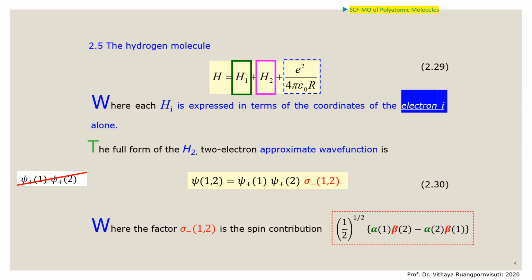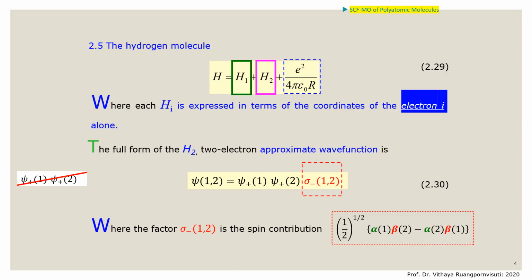Therefore, the wave function psi(1, 2) is equal to psi plus of electron 1 times psi plus of electron 2, multiplied by the factor sigma(1, 2).